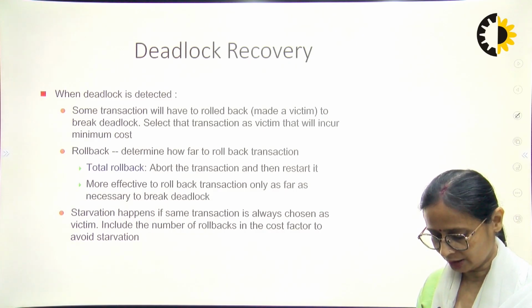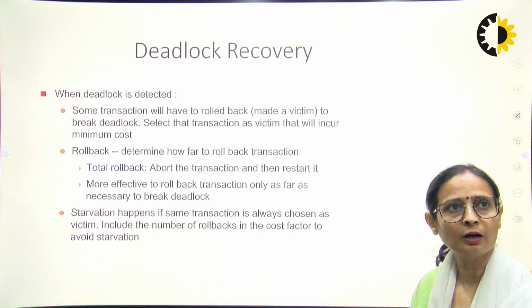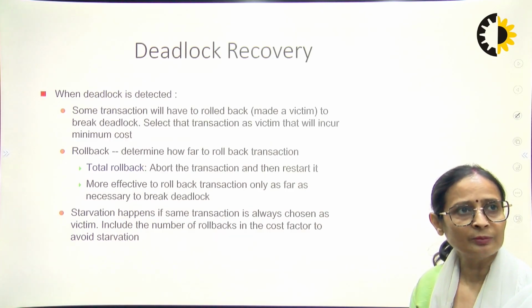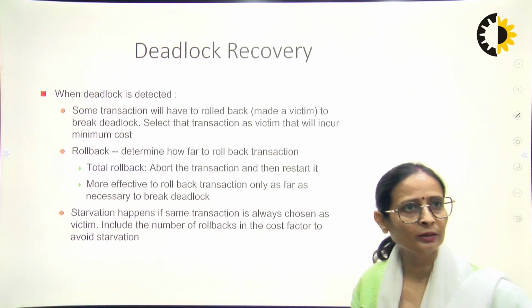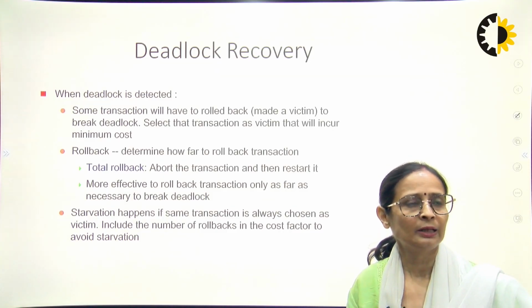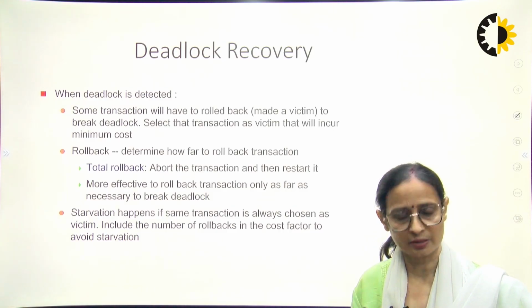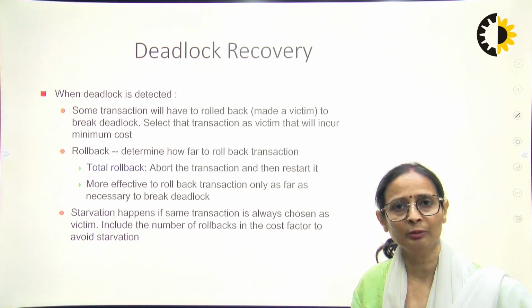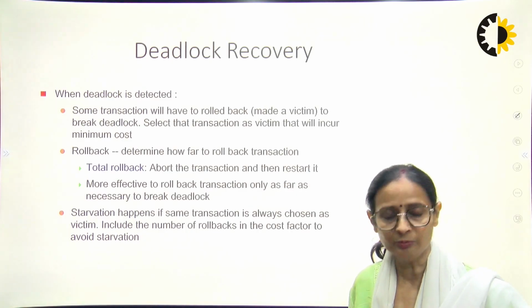Now the question comes, we have detected the deadlock. How will we recover from the deadlock when it is detected? Some transaction will have to roll back, made a victim to break the deadlock. Select as a victim the transaction that will incur the minimum cost. And what is the criteria for the minimum cost? How many variables they have used, how much processing time they have used.